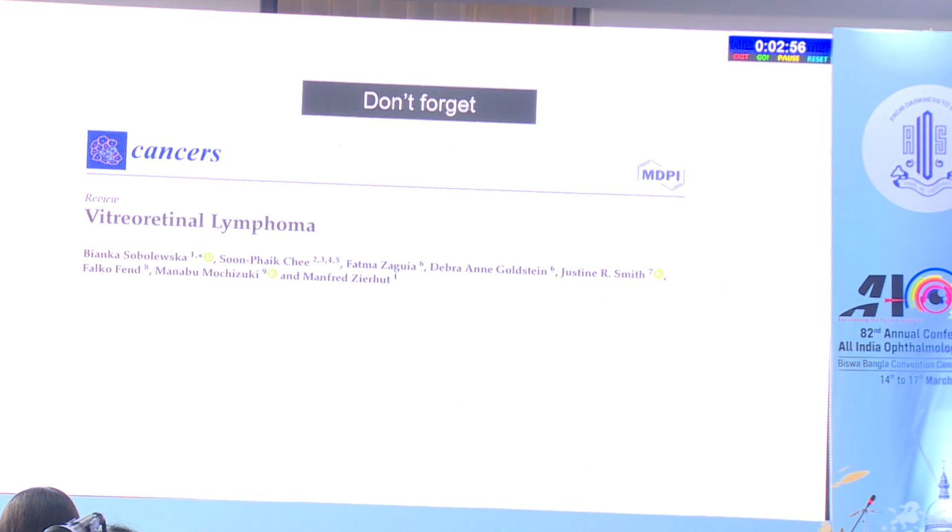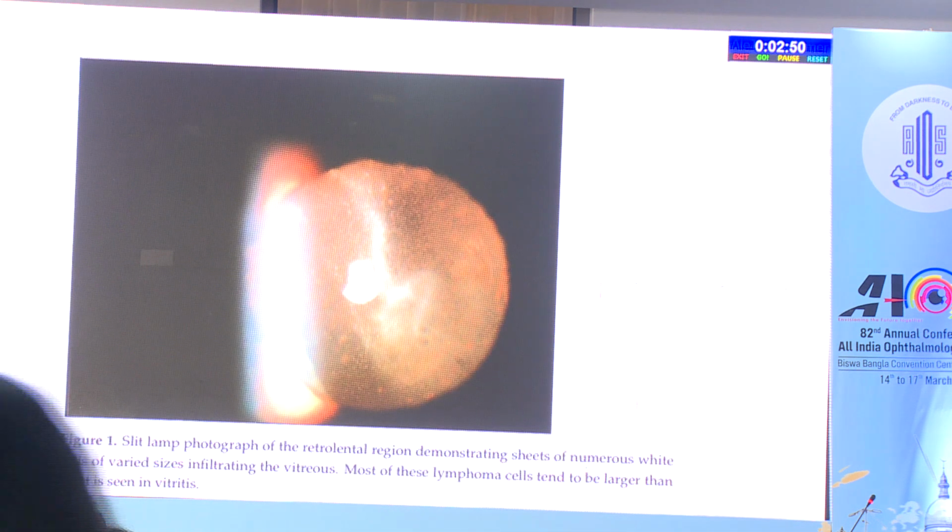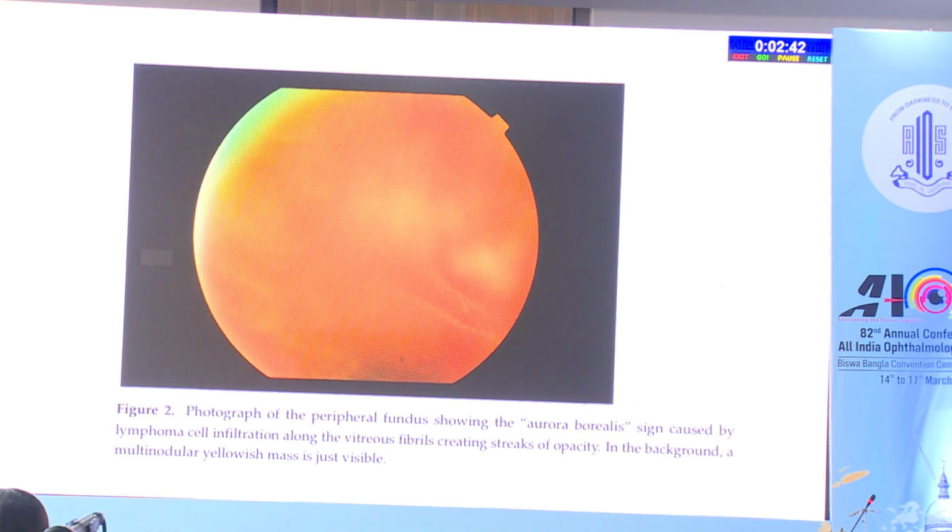Vitreoretinal lymphoma is the most important point, particularly in the elderly, though it can occur in the young also, and can mimic intermediate uveitis. The vitreous cells are coarse and much larger, and they might have posterior segment pathology like exudates and mass lesions like aurora borealis.